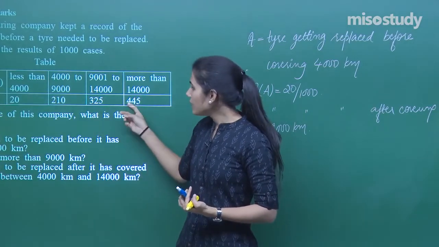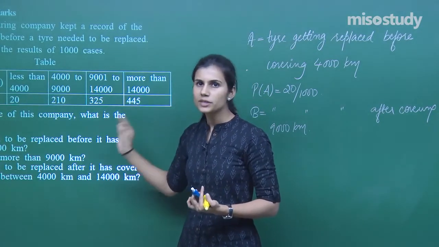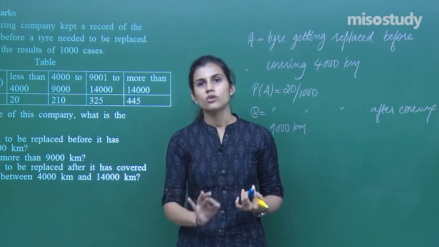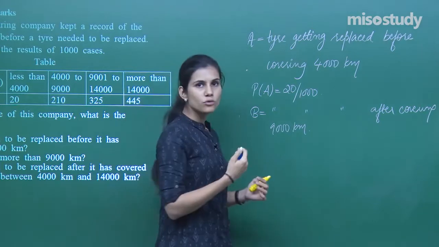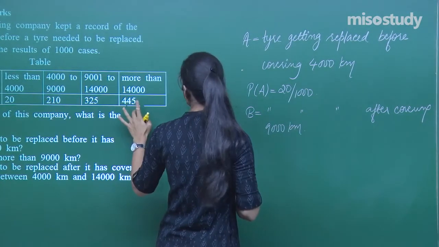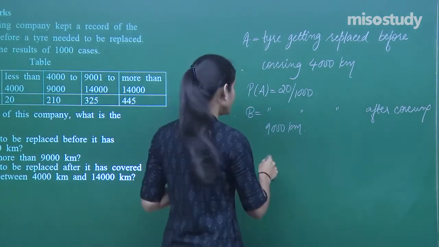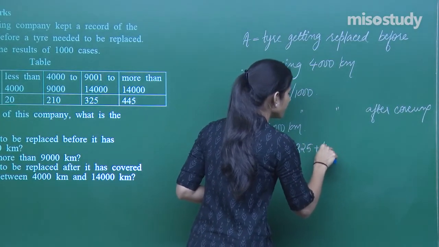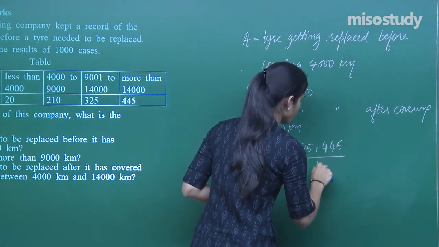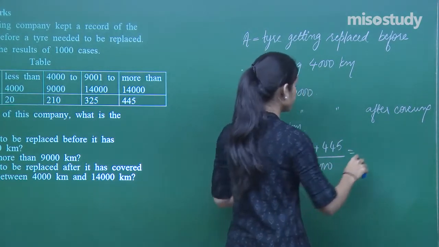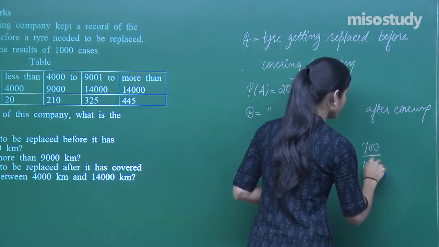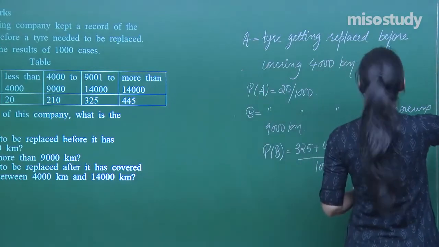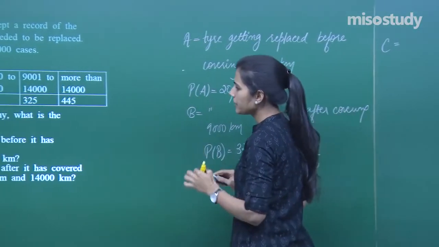So 325 plus 445 is the number of tires getting replaced after covering 9,000 kilometers. So out of 1000 tires, 325 plus 445 favor my event B. So probability of event B is 325 plus 445 upon 1000, which is 700 upon 1000. Clear?